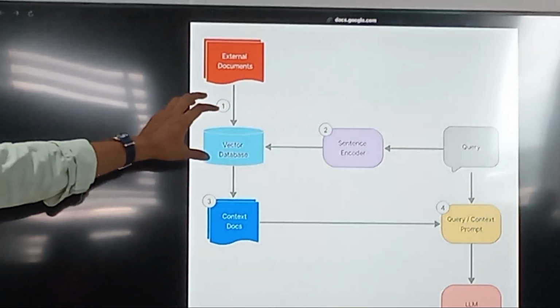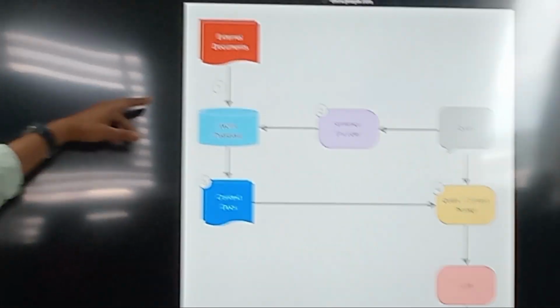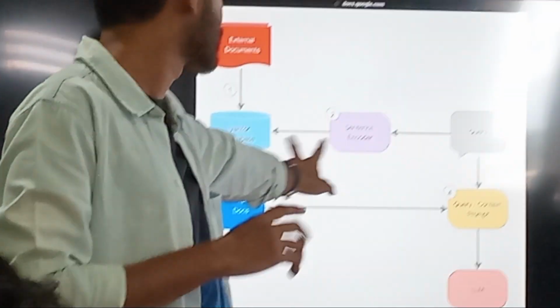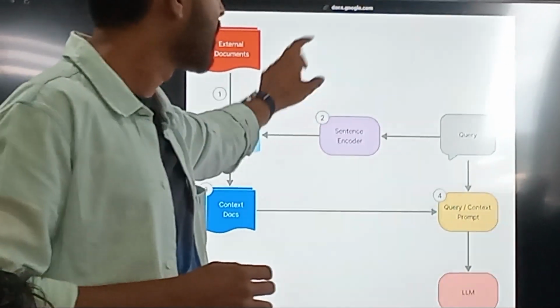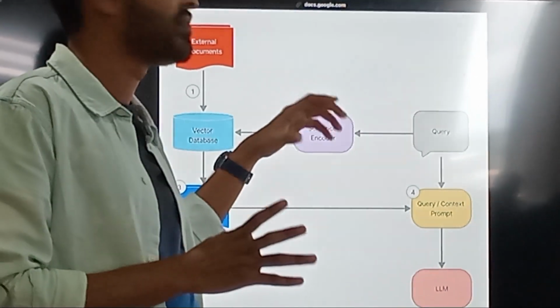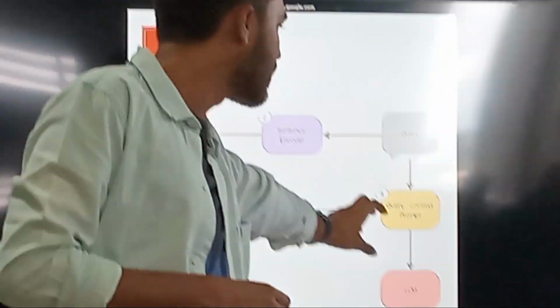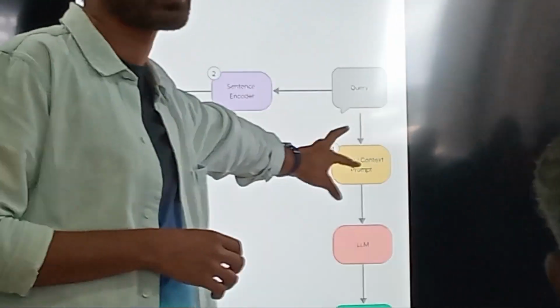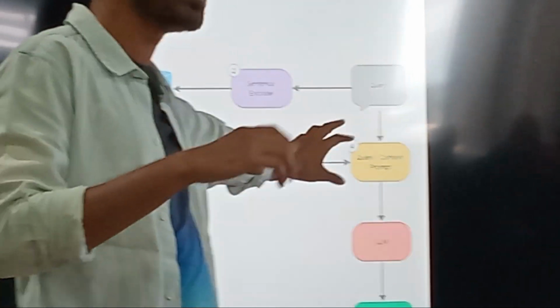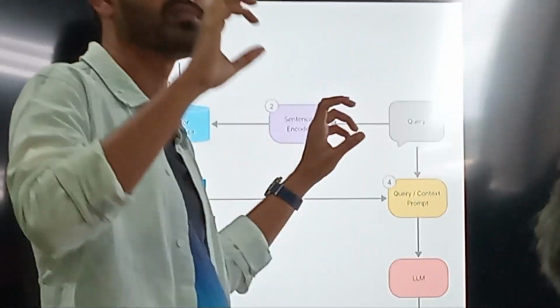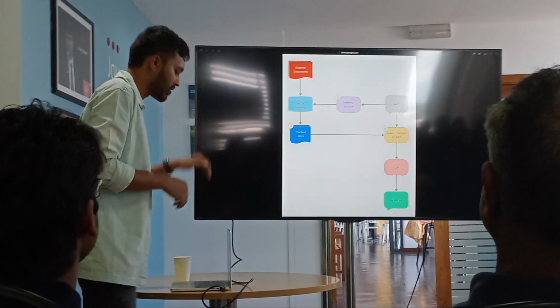Those vectors are saved in the vector database, and when you launch a query, that query is encoded to vectors again, and the most similar vectors are matched from the database. Then you get the context. That context is fed into a prompt template where you fit in your context and your question, and then this goes into the LLM, and you get your response.